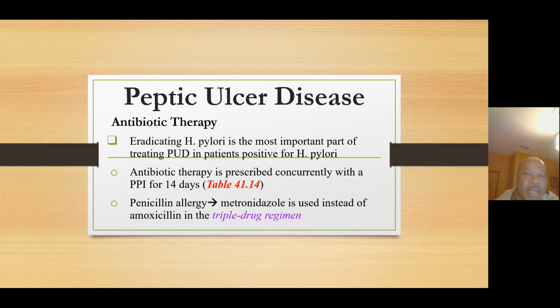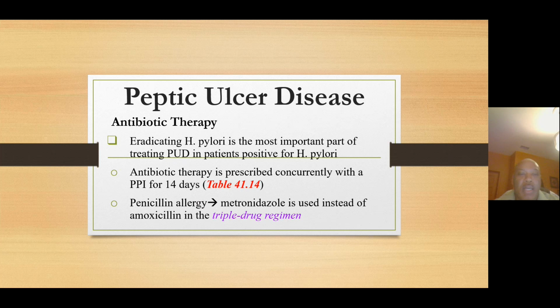Again, take a look at table 41.14. Now, those who have a penicillin allergy can be started on Flagyl or metronidazole instead of amoxicillin in what we call a triple drug regimen. All right. And so we're putting them on an antibiotic, a PPI, as well as an antibiotic. And this is your triple regimen therapy.